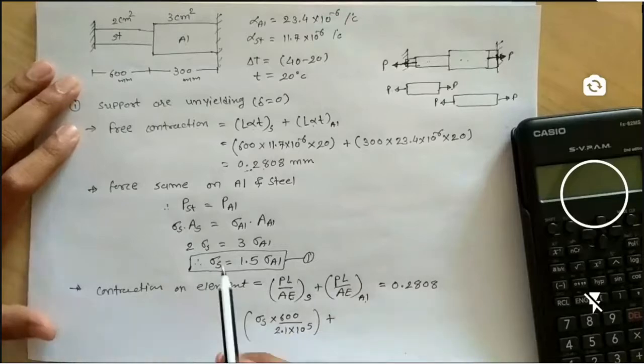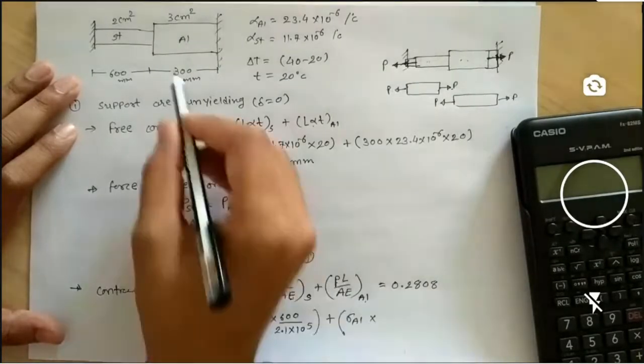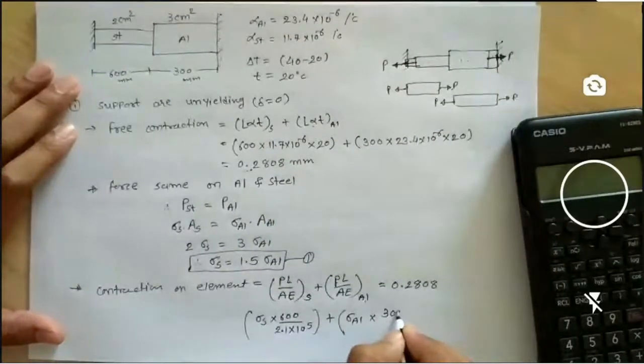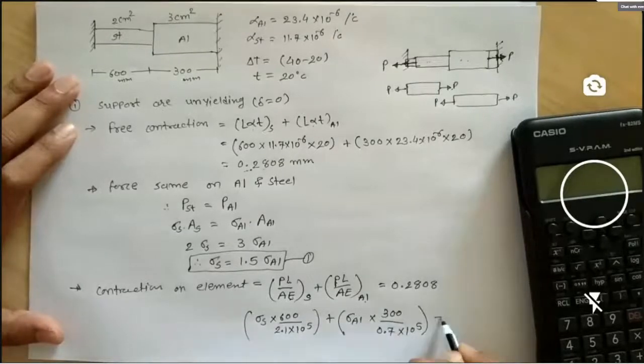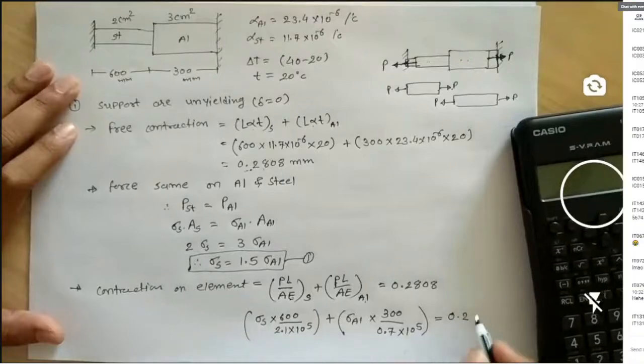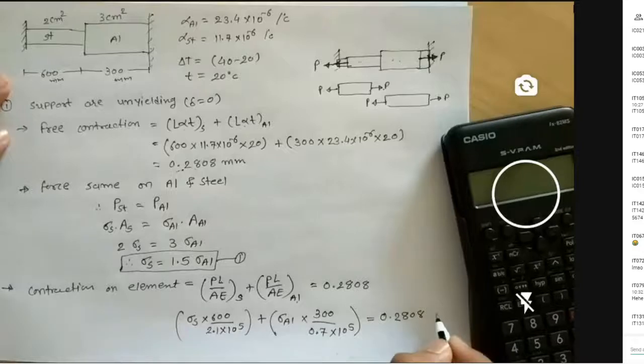Plus P by A, the stress in the aluminum section, into the length of that aluminum section, 300 mm, divided by the Young modulus for the aluminum section, given as 0.7 into 10 raised to 5. Okay, is equal to 0.2808. Okay, this is our equation number 2.